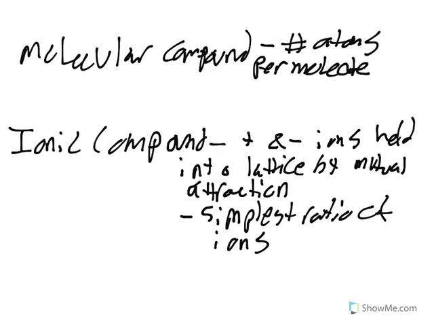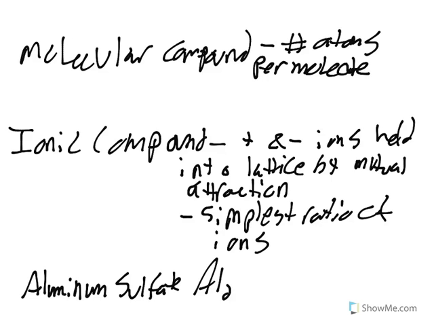So an example of this is aluminum sulfate. The subscript 2 here means that there are 2 aluminum atoms.